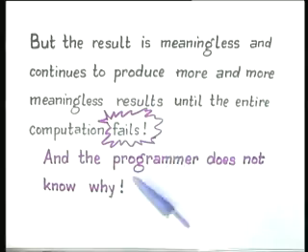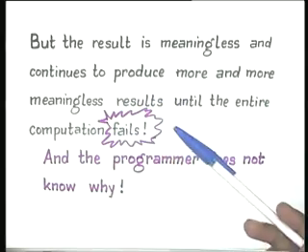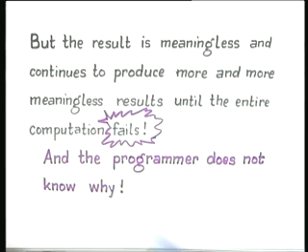In fact, the result of one type violation might be carried forward as an argument for another operation, and so on, which will continue to produce more and more meaningless results till the entire computation fails. And of course, fails is a judgmental word. The hardware does not know anything has failed, and whether it has failed or not really depends upon your interpretation, right.